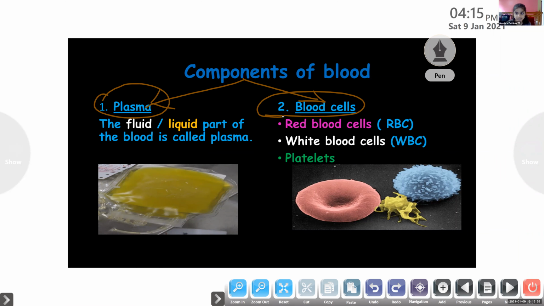Blood cells, and look at the board. Plasma. Don't forget the components of blood: first plasma, second blood cells.